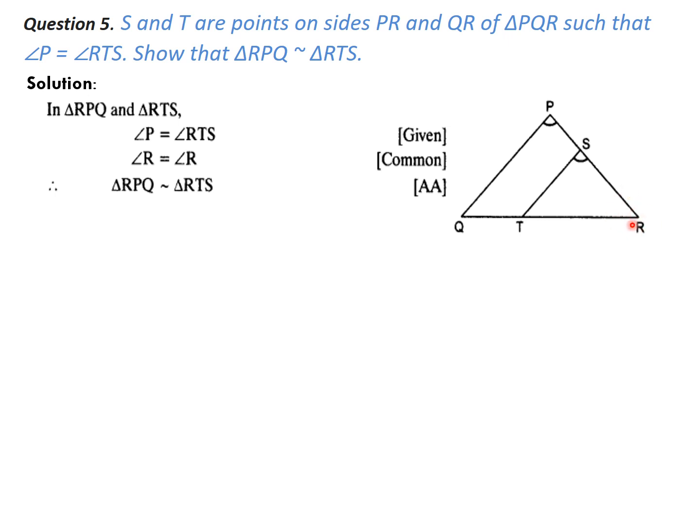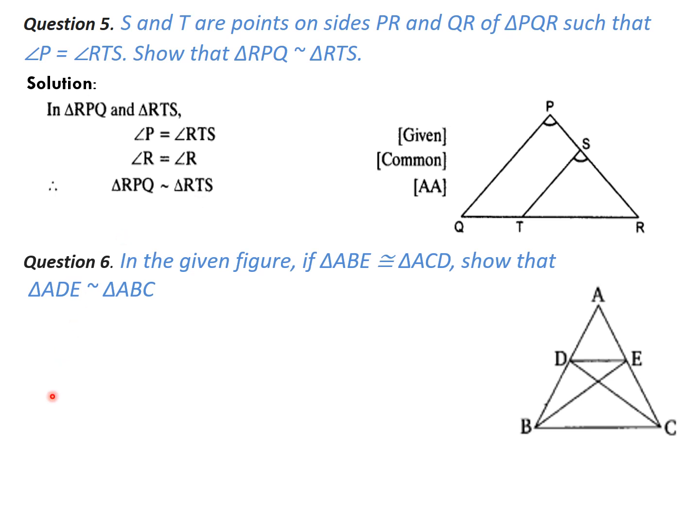Angle R lies in triangle SRT and also PRQ. So we are dealing with RPQ and RTS. In both the triangles we have angle R. So we have two angles which are equal and this angle is common. Therefore, since two angles are correspondingly equal for the two triangles, we can say by AA similarity criterion, triangle RPQ is similar to triangle RTS.